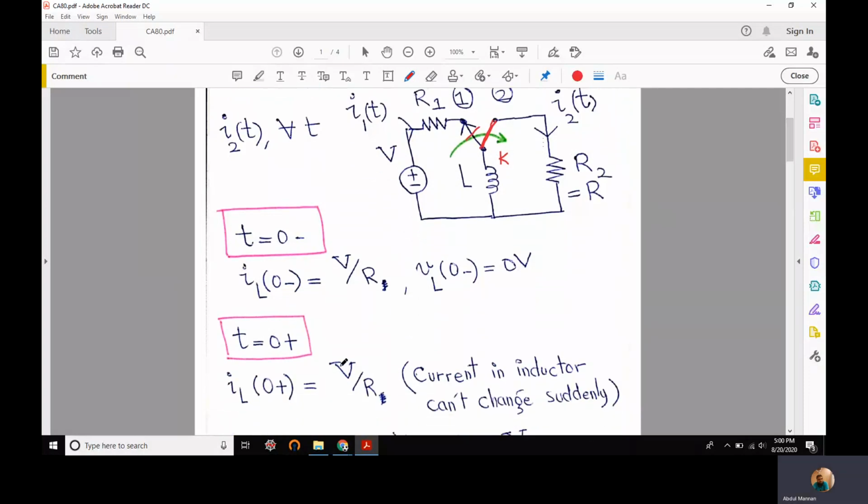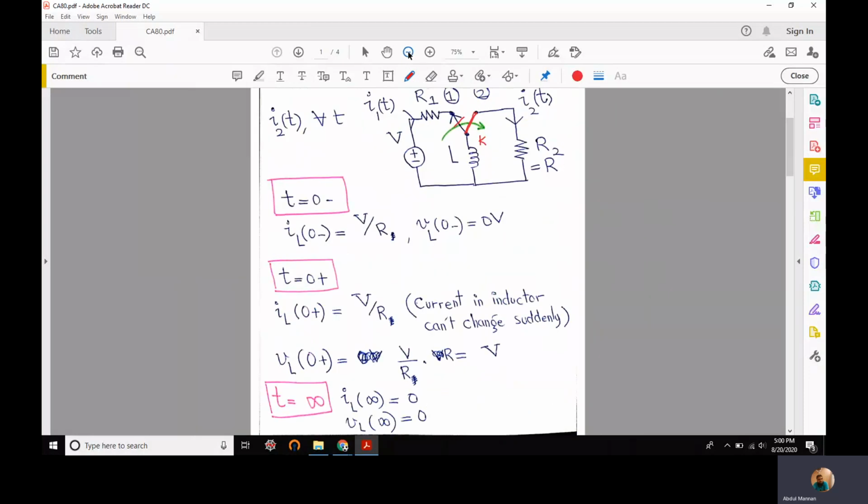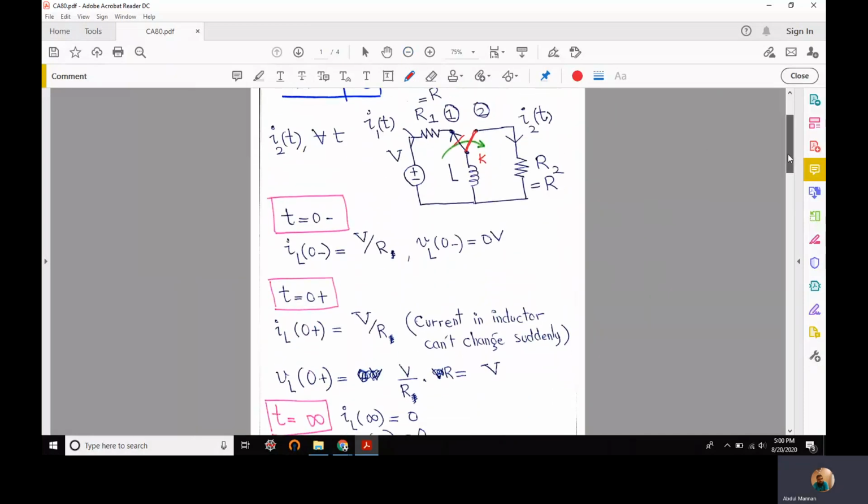Since the current through the inductor cannot change suddenly, the current would remain V over R even after we have moved the switch from position 1 to position 2.